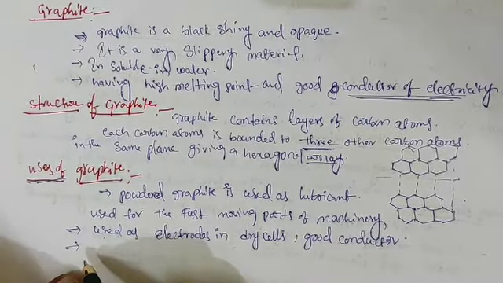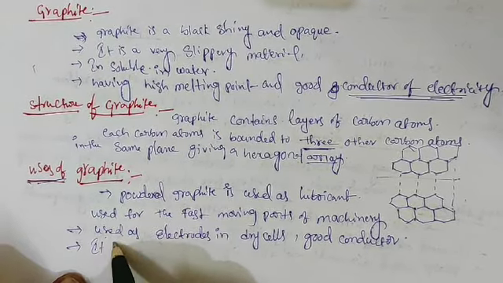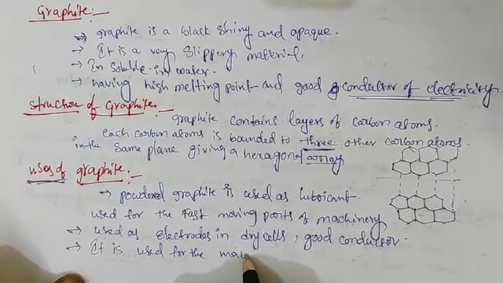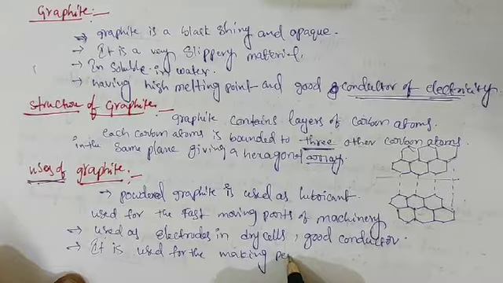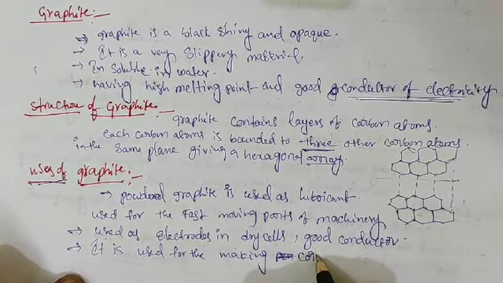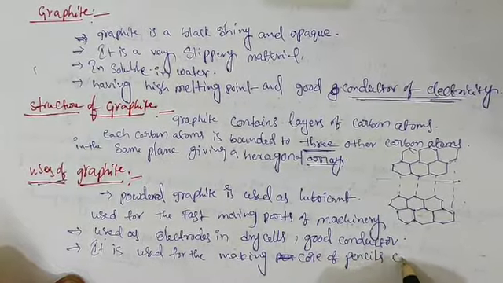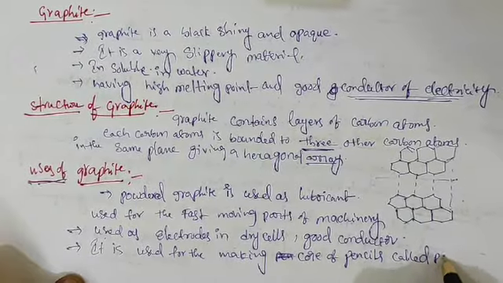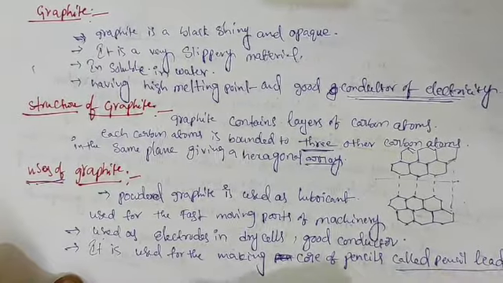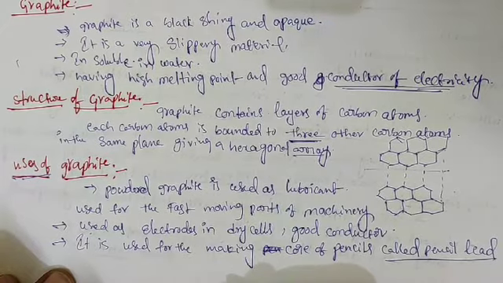Next use, it is used for making the core of pencils, called pencil lead. So this is about graphite.